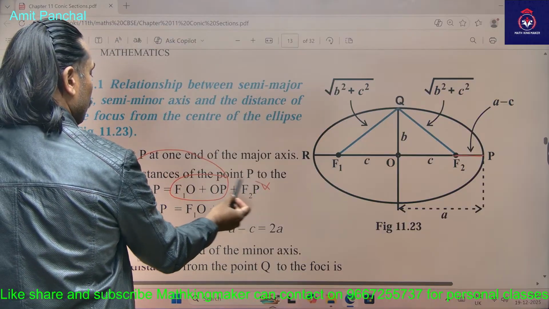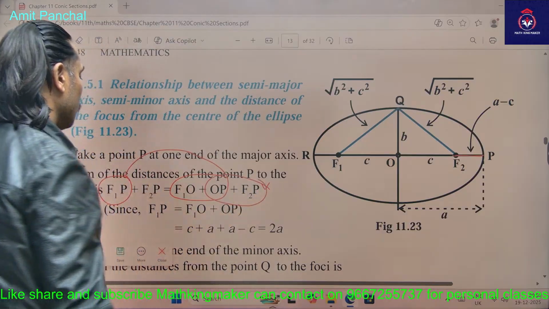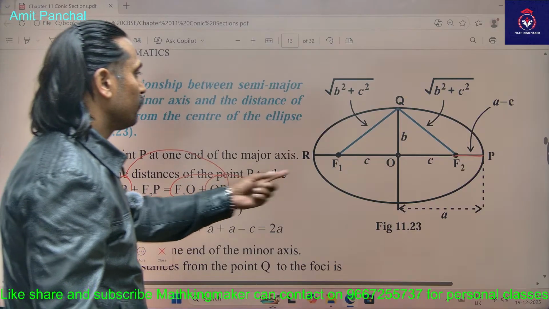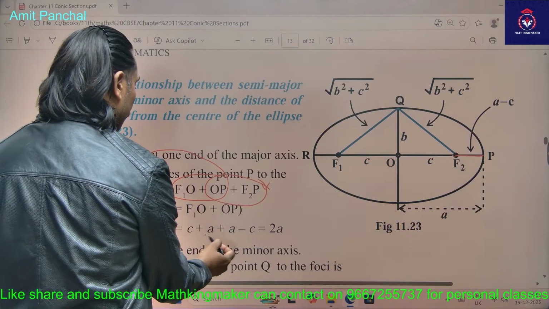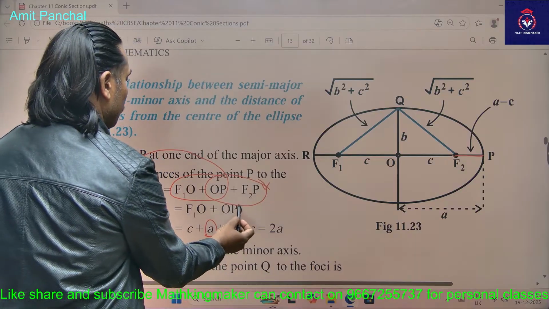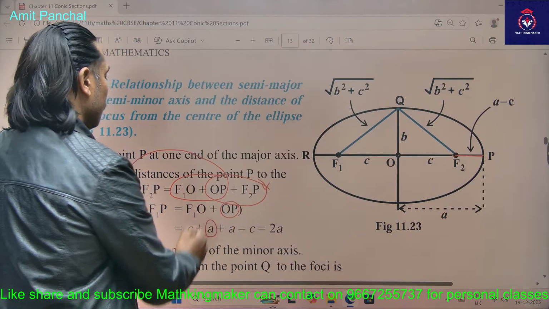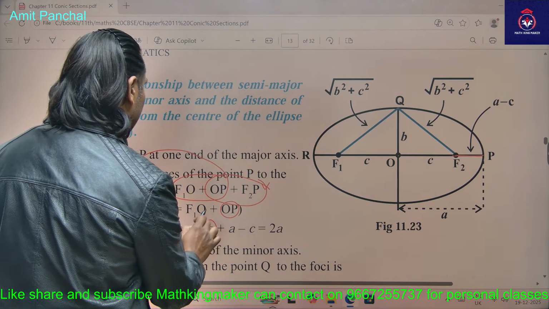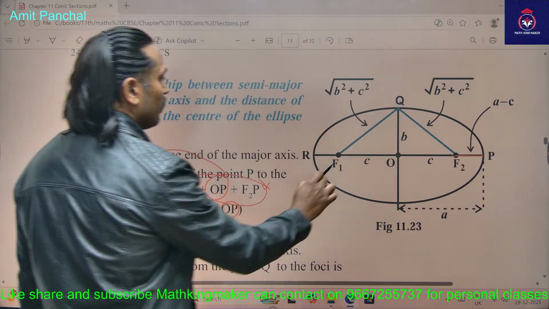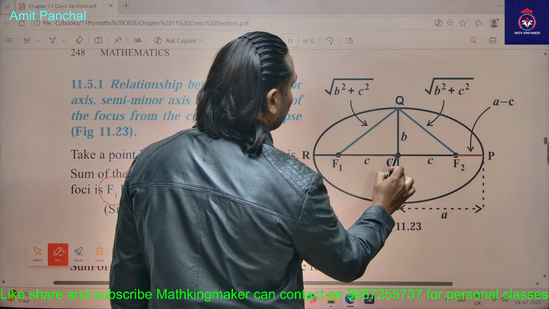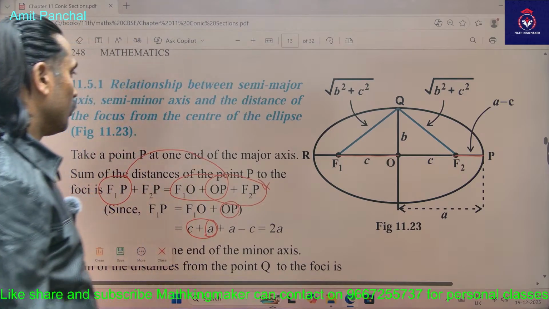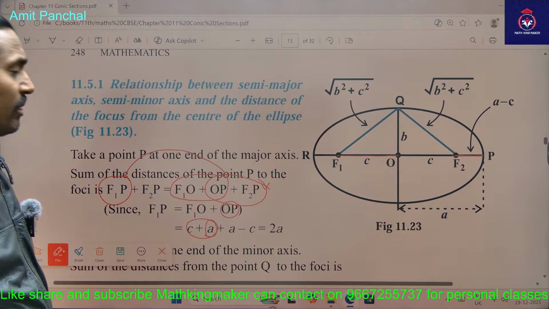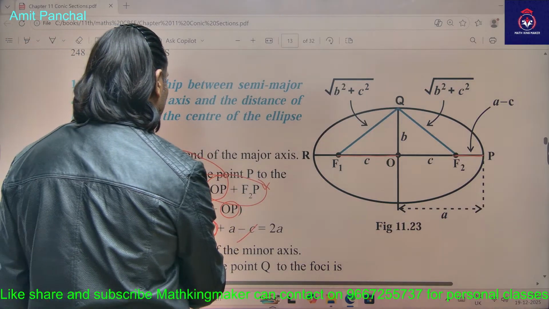What is F2P? OP is a, this OP is a, and what is F1O? Basically F1O is c plus a, and F2P is a minus c. So by cancelling c, we'll get 2a.